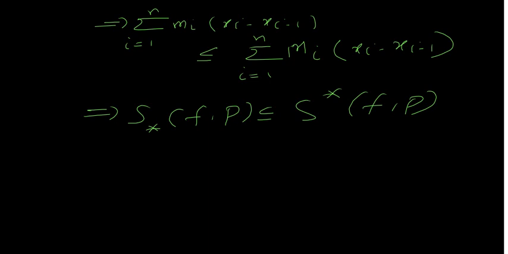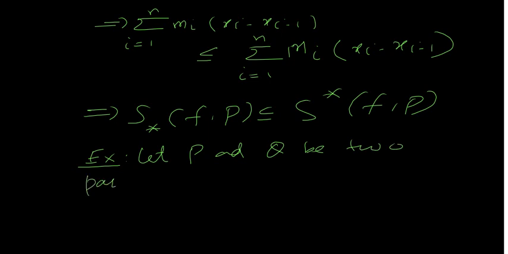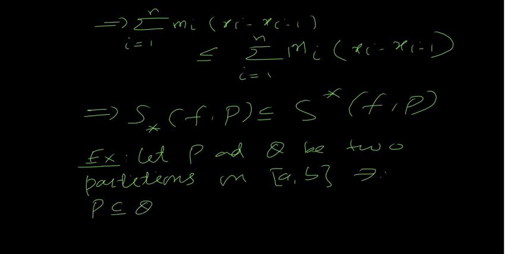I will keep this exercise for you. Let P and Q be two partitions on the closed interval [a, b] such that P is a subset of Q. Then show that lower sums increase and the upper sums will decrease.